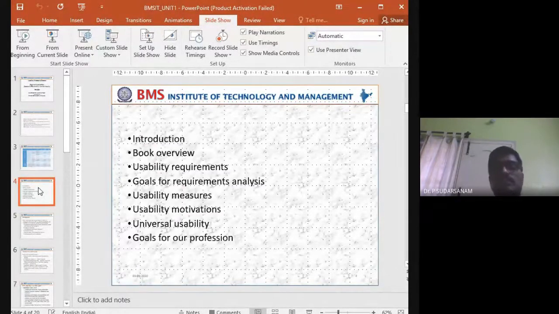Next, universal usability, and the last one is goals for our profession. What are the goals for our profession? That is splitting the items. First is the introduction, second is where all we are using it, we'll be seeing all these things. Next one is goals for the requirement analysis. We should do the requirement analysis also.